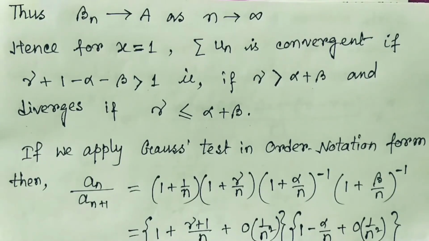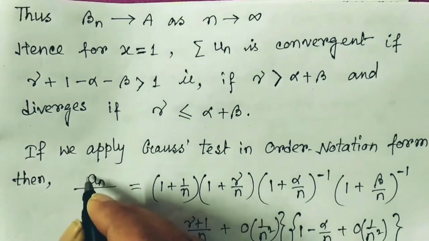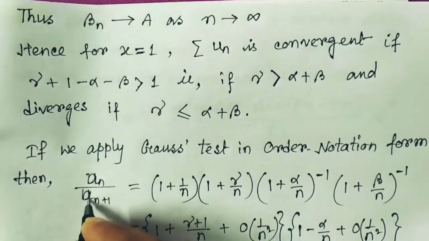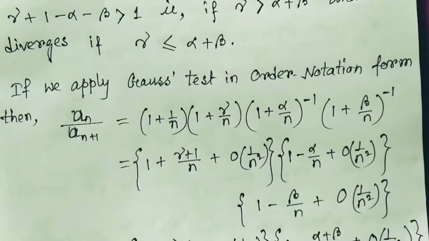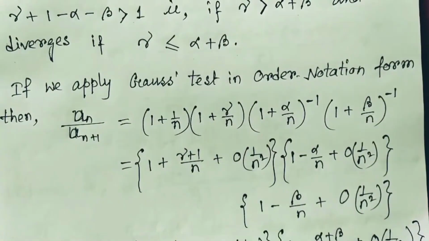If for the same problem we apply the Gauss order notation form, we know the Gauss order notation form is un divided by un plus 1 is equal to 1 plus alpha by n plus order of 1 by n to the power p. So if we apply here, just remember the expression.